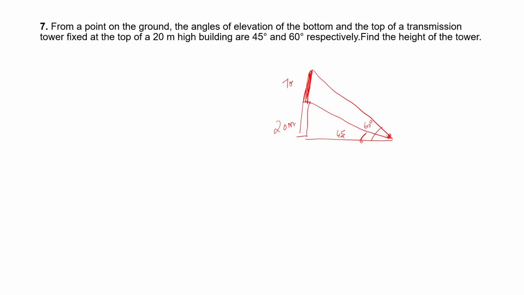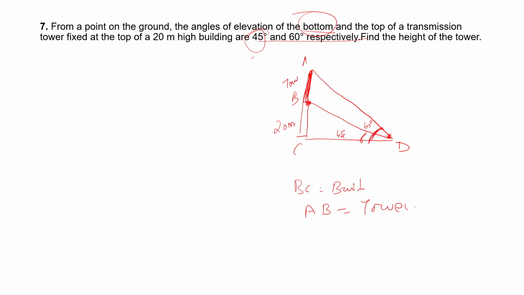So this is a tower. We'll mention the points as A, B, C and D. Now BC is the building, and AB is the tower. The angle of elevation of the bottom of the tower is given first, so it is 45 degrees for the bottom of the tower, and for the top of the tower it is 60 degrees.